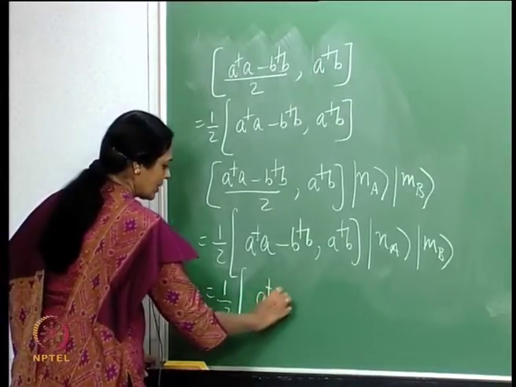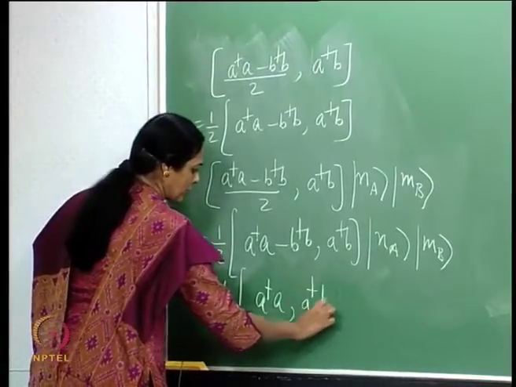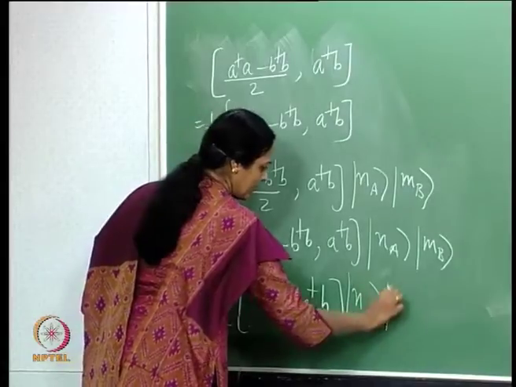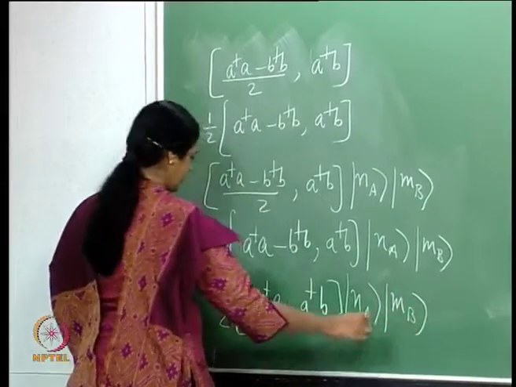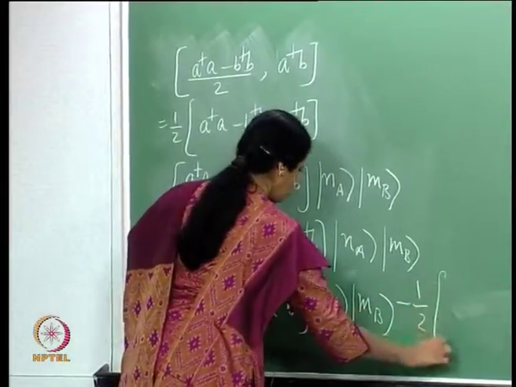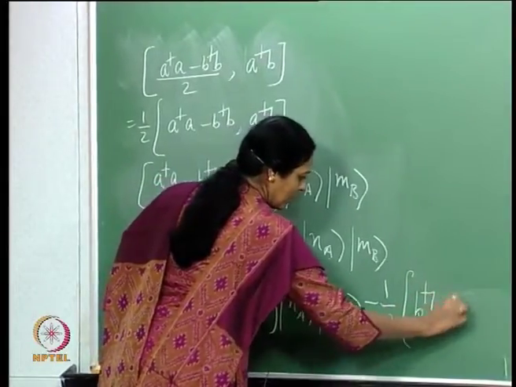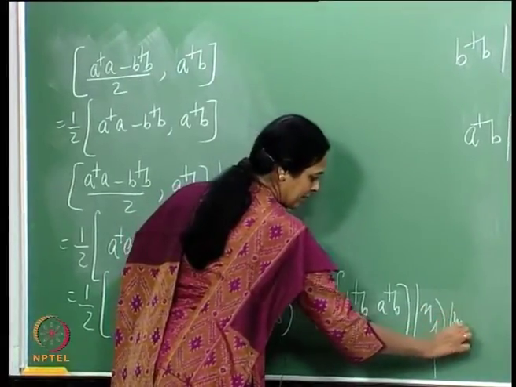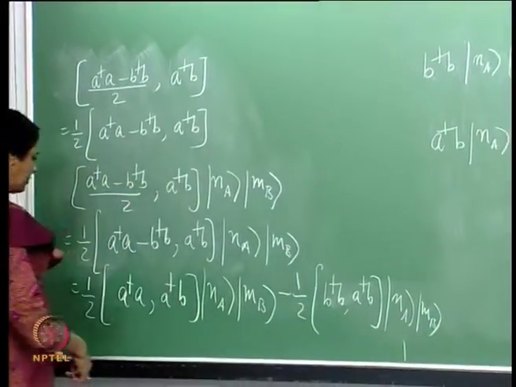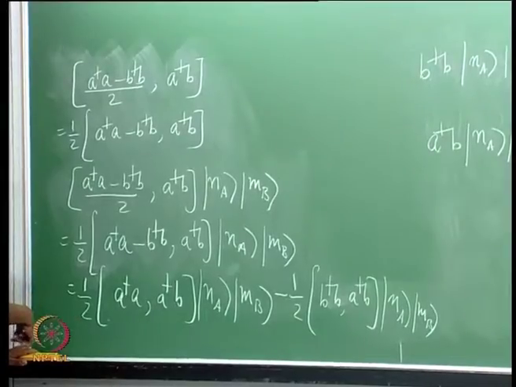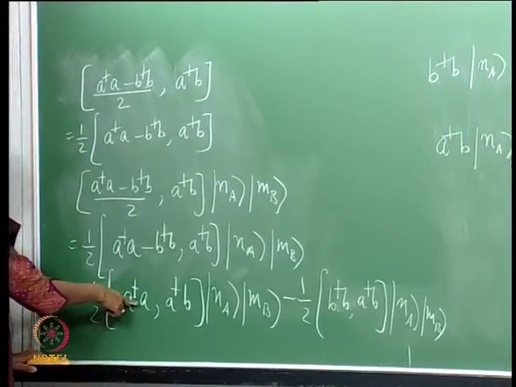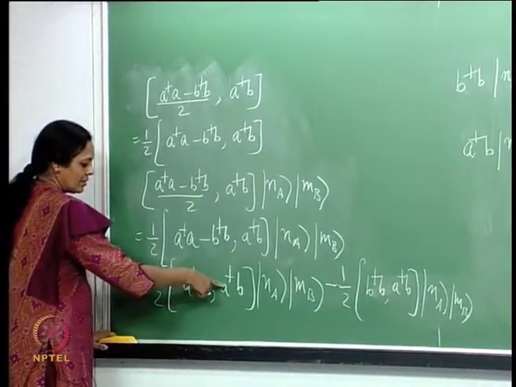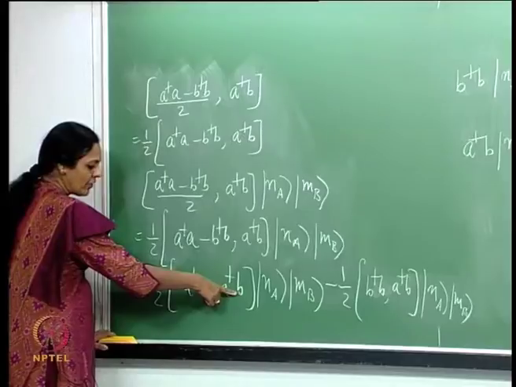So, this is the same as finding the commutator of A dagger A with A dagger B acting on |nA, nB⟩, minus half the commutator of B dagger B with A dagger B acting on the state |nA, nB⟩. It is pretty clear here that A dagger's commutator with A dagger B is 0.